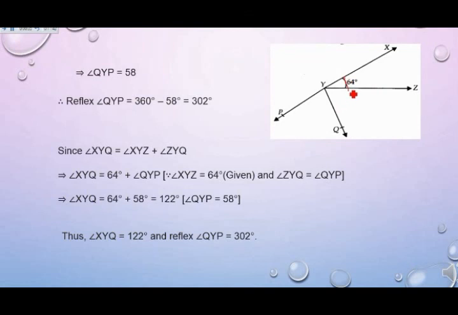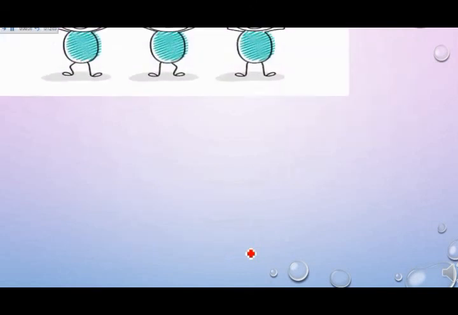This is 64 degrees plus this angle, that is 58 plus 64, which is equal to 122 degrees. And thus we get angle XYQ is equal to 122 degrees and the reflex of angle QYP is equal to 302 degrees.